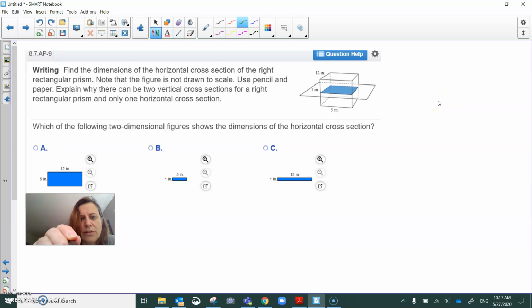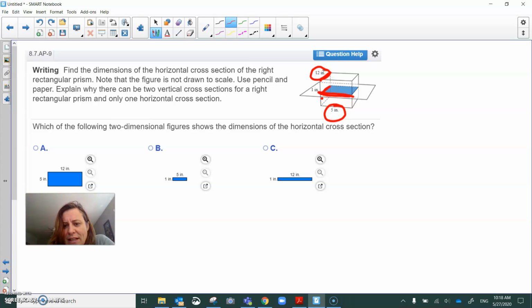So, first one I can see right away that this is definitely 5 inches. I think that the 1 inch is the height, and that 12 inches is this guy, I think.